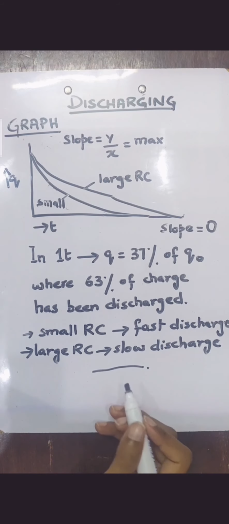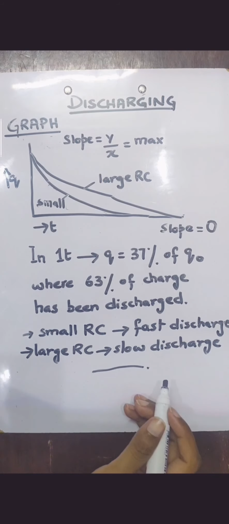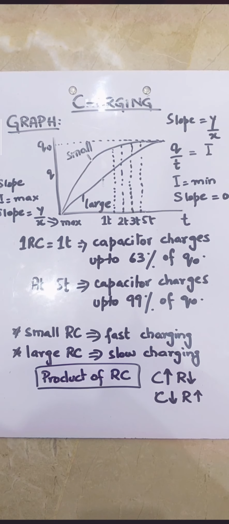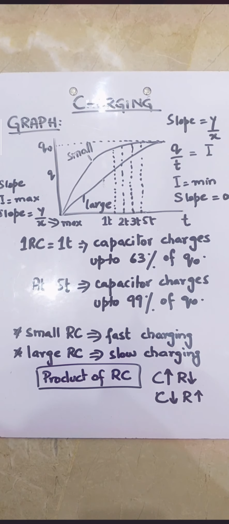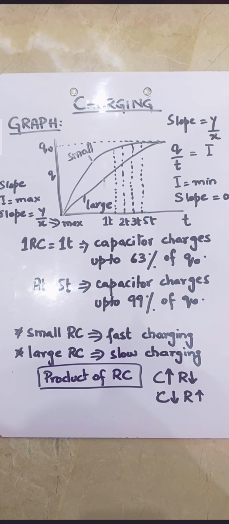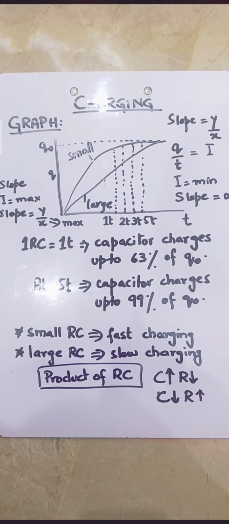Now coming towards the charging graph, so that we can distinguish between both of them. This is a q-t graph. Again, we are observing two curves, one for large RC and the other for small RC. As you can see, at the initial point, the slope is maximum. Why is this maximum? Because at this point the current flowing is maximum.